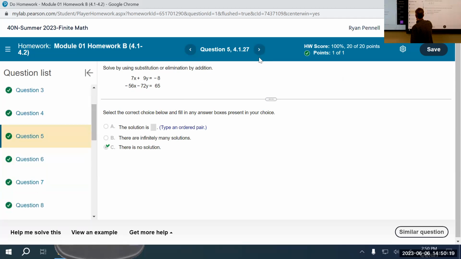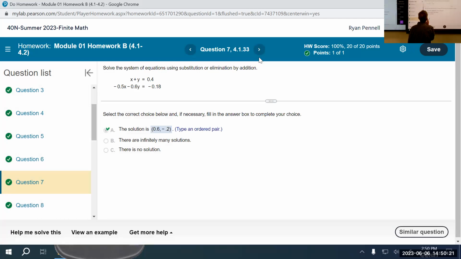Let's see what question 7 brings us. Solve this system of equation using substitution or elimination method by addition. I don't think there would be any advantage to one way or the other.